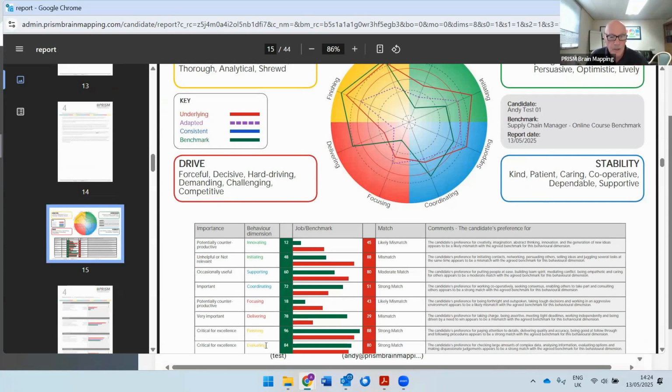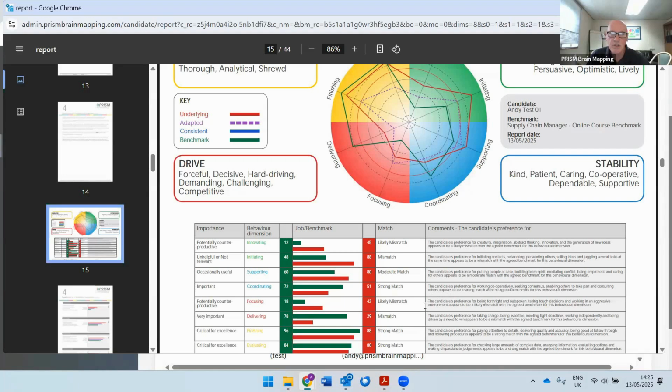When we look at the top 2, which are finishing and evaluating, we identified that as a strong match, and the system's done the same. We identified a strong match for coordinating and a mismatch for initiating and delivering. Delivering was one of the top 3, and then likely mismatches for some of the others. So it's just a way of interpreting the information from the map, and it gives you a brief description for those as well.